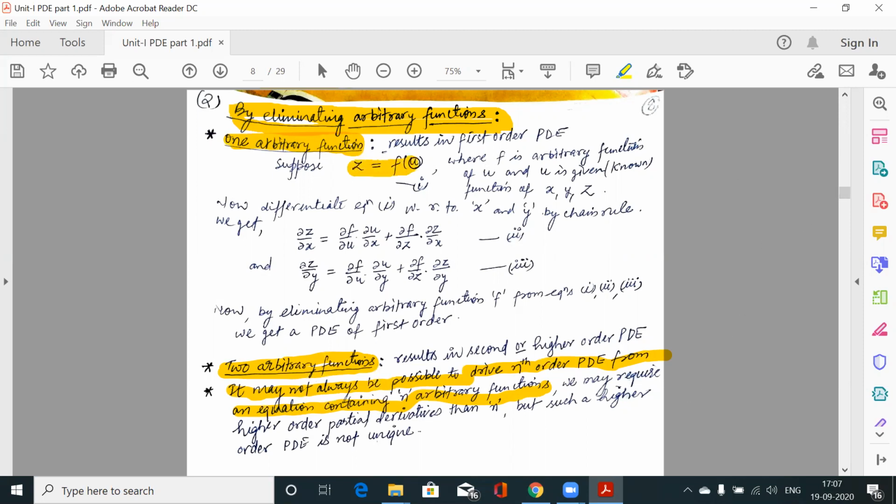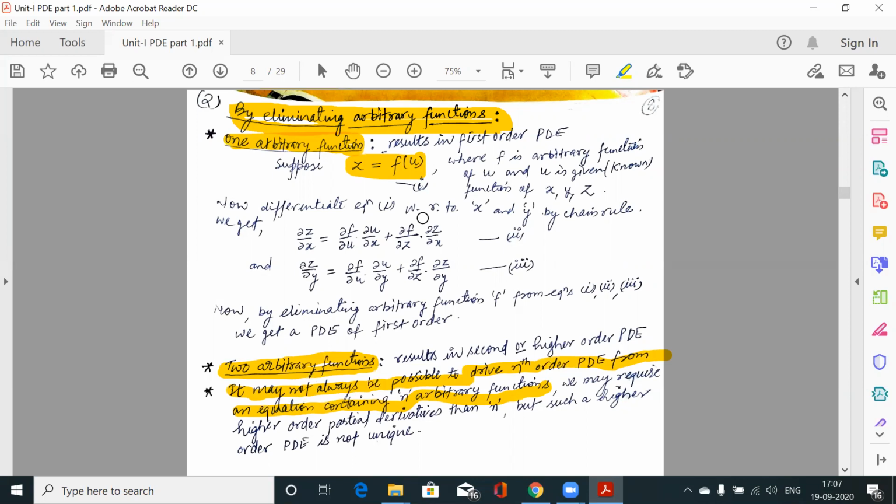Suppose this is your equation, which contains one arbitrary function. We have to eliminate this arbitrary function f. A single arbitrary function is given. So the concept is the same: first, since one arbitrary function is there, we try to differentiate this equation with respect to x and y, that is, calculate the first order derivatives and try to eliminate the arbitrary function from those equations if possible.